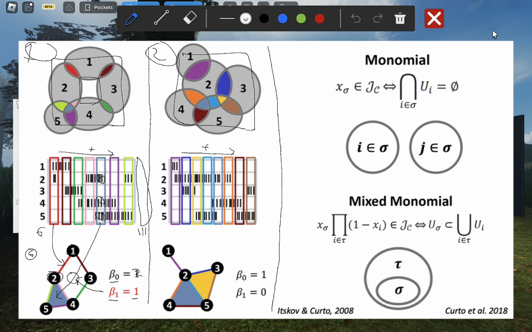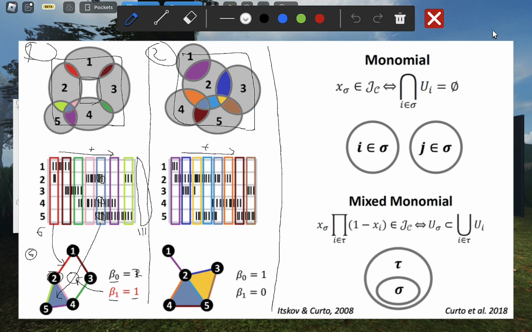But the first step to doing this, and also to getting some back doors to different questions, like the number of holes that might be in this structure, is to encode these simplicial complexes algebraically. So I'm just going to tell you some examples and what they mean intuitively, and then we're going to go backwards and reintroduce this more formally.